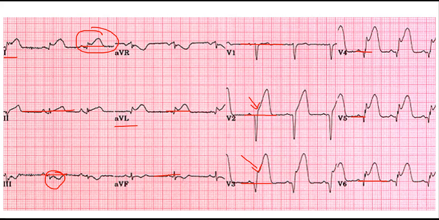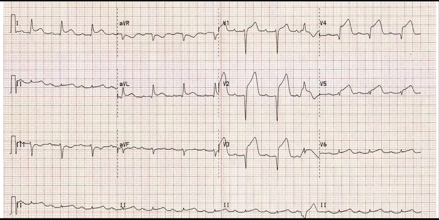Okay, so not even T inversion. So leads 2, 3, AVF, you can say it's normal or showing reciprocal changes. So then you can confirm that this is an acute anterolateral myocardial infarction. Okay, so that's the acute myocardial infarction ECG.